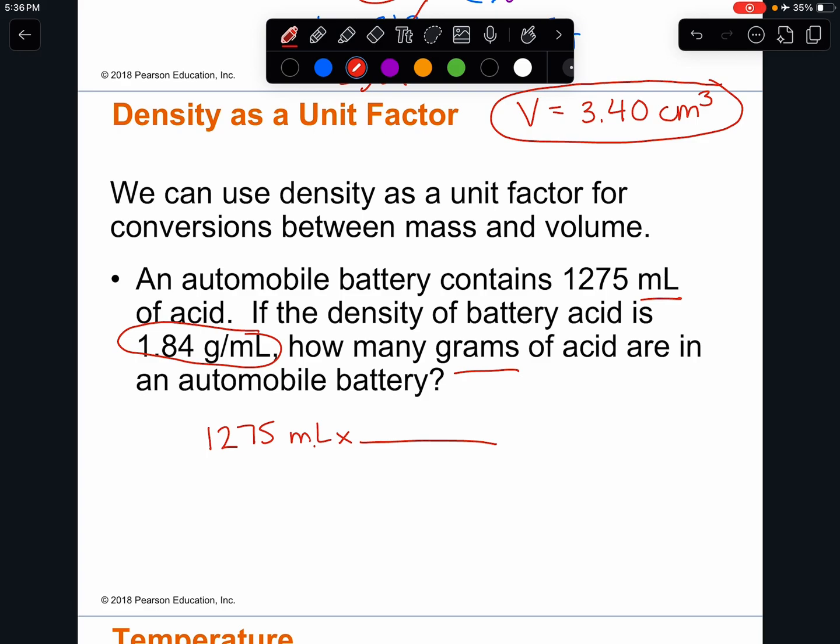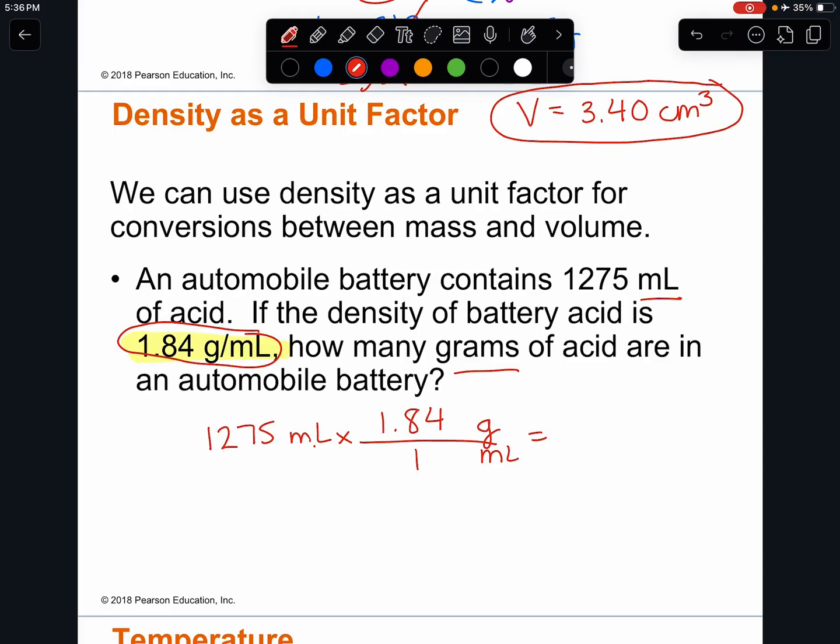And similar to dimensional analysis, if you have milliliters on the bottom, you can go ahead and put that to cancel it, and you can put grams on the top. And then you can use this factor to fill in. So the 1.85 goes wherever the grams are, or excuse me, 1.84. And then remember, per milliliter is the same as 1. So you can actually just multiply these numbers to go ahead and get your answer in grams.